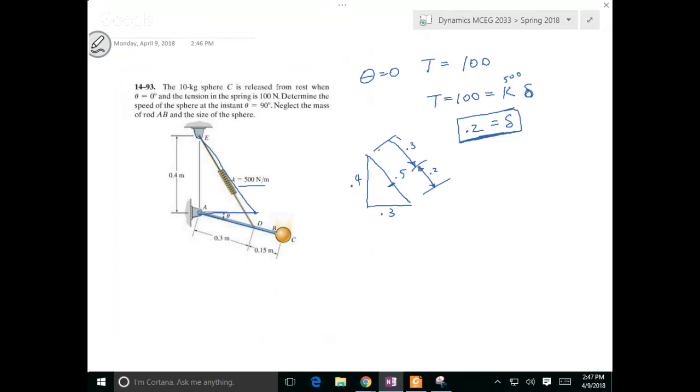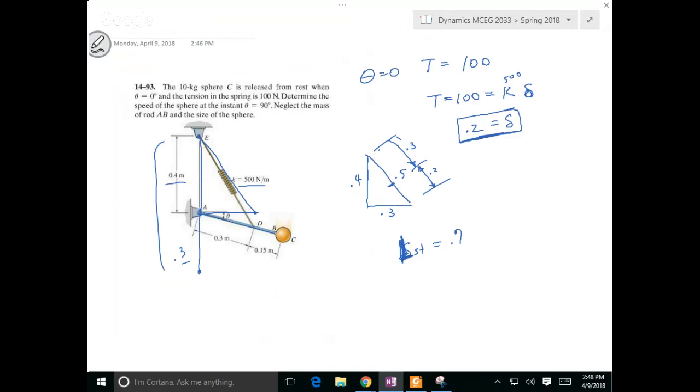So straight up and down, the thing down to here would be 0.4, and then another one would be 0.3. So the total would be 0.7, right? 0.4 and 0.3. But that's the total length. That's not the stretched part.